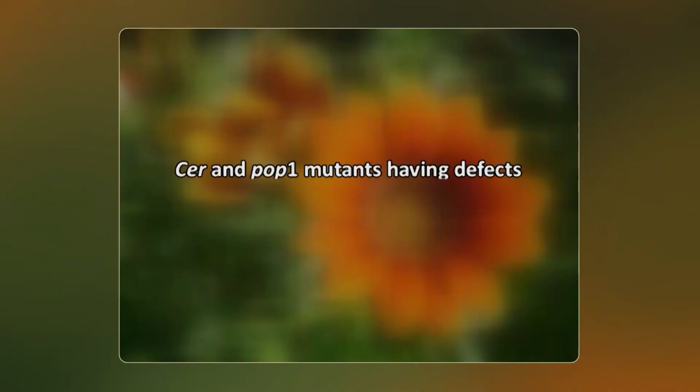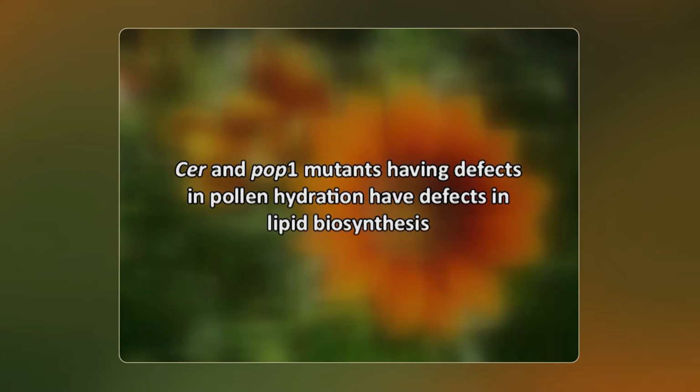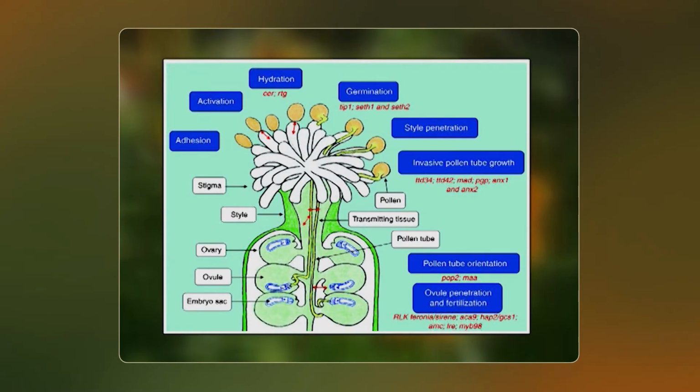Mutants with defects in lipid biosynthesis in the stigma show defects in pollen hydration. The SER and POP1 mutants, having defects in pollen hydration, have defects in lipid biosynthesis. The exogenous application of the long chain lipid trinoline, which is one among the exudate lipids, caused normal pollen hydration in POP1 mutants.